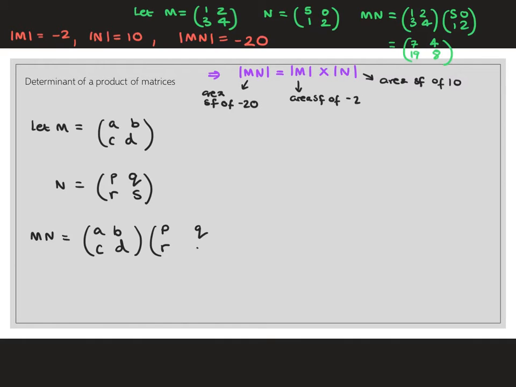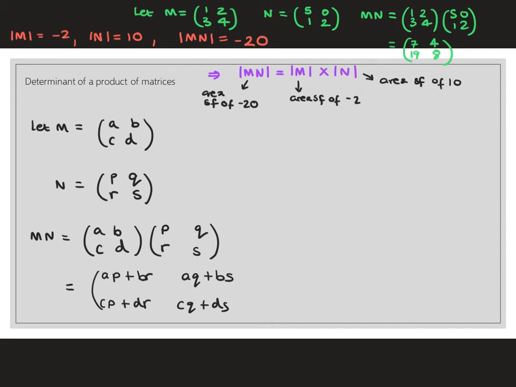Take great care with your algebra here. Can you work out the matrix MN, please? Did you get it right? Let's see. You should have got AP plus BR here, AQ plus BS here, CP plus DR here, and CQ plus DS here.